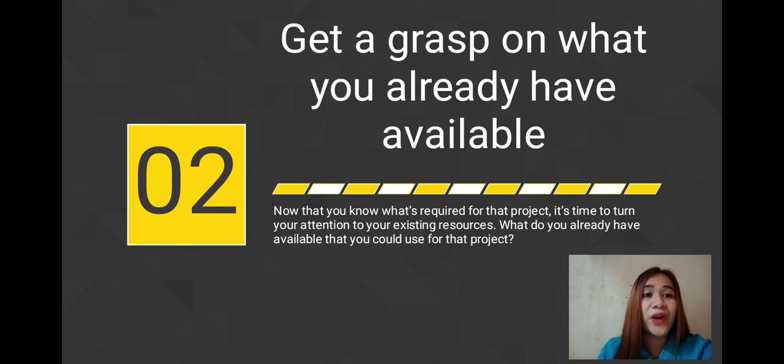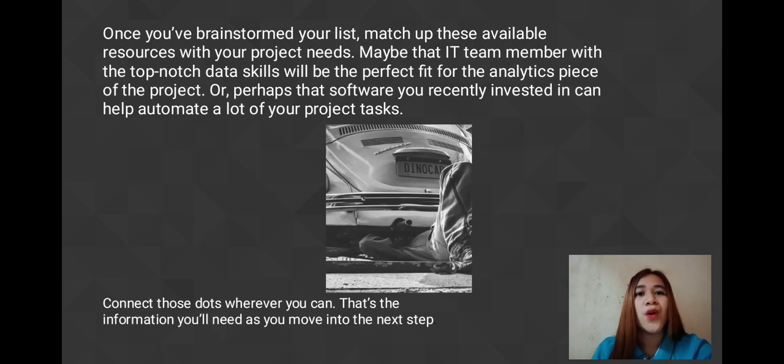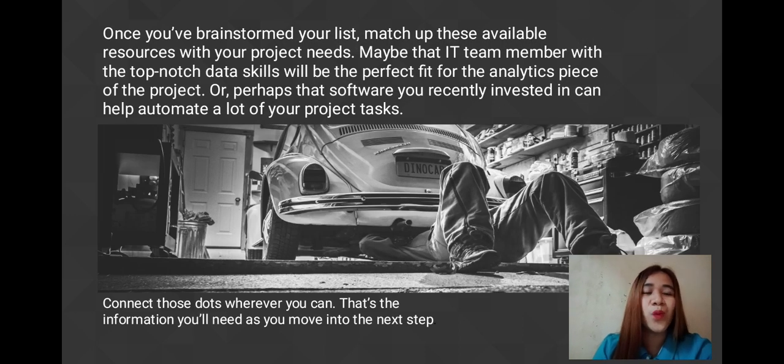The second step is to get a grasp on what you already have available. Now that you know what's required for that project, it's time to turn your attention to your existing resources. What do you already have available that you could use for that project? Once you brainstorm your list, mash up these available resources with your project needs.